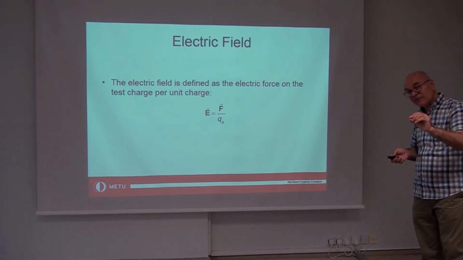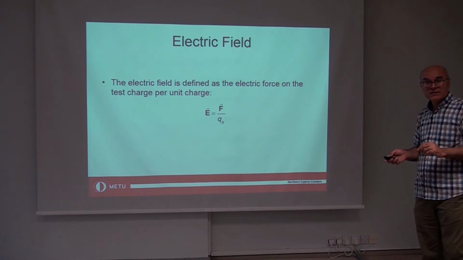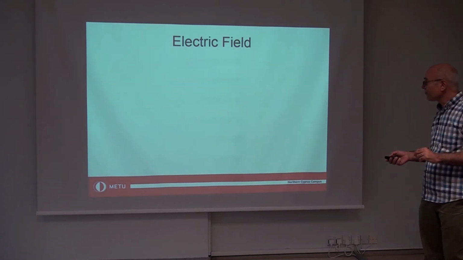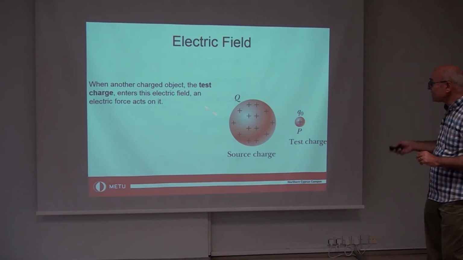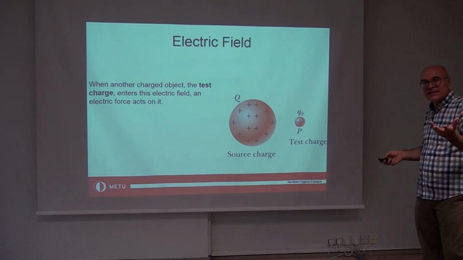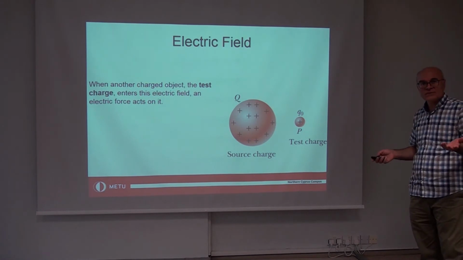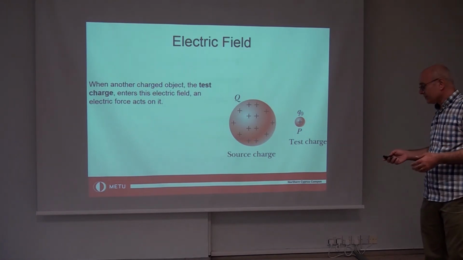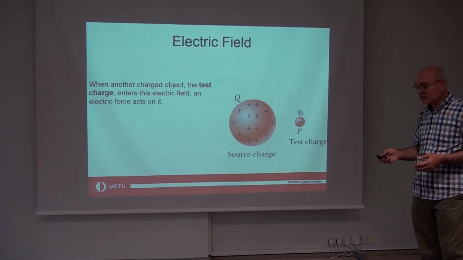Now, that electric field is not generated by the test charge, as we have just seen. Remember, the electric field in this space is generated by the source charge. The test charge just acts as a tester. So the field actually is independent of whether you have this test charge or not. It is there always once the source charge is there.